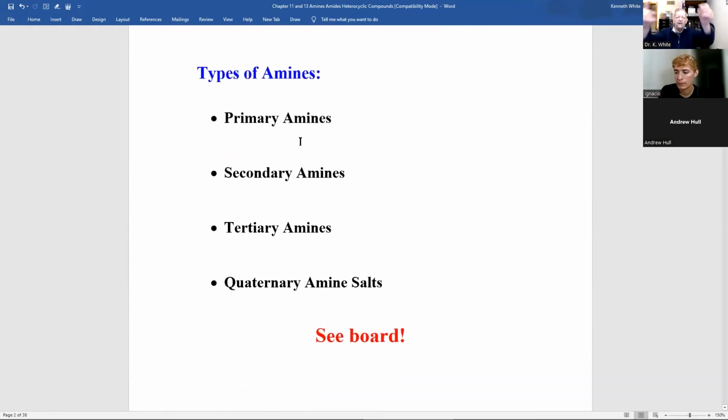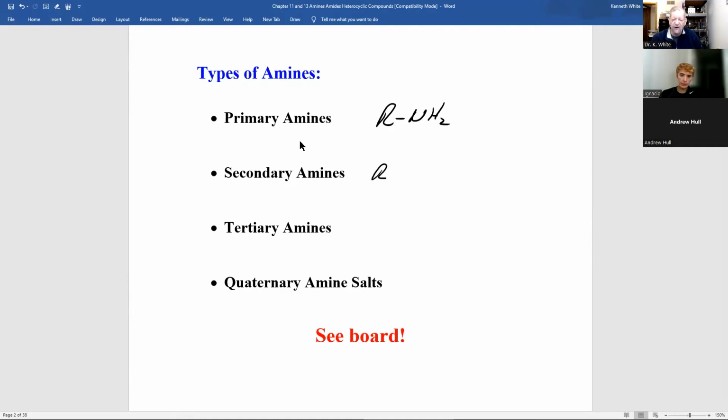Now, I'm going to use this terminology, so you should be familiar with it. There's something called the primary amine. And that's when you have one R group on a nitrogen, and this is a primary amine.